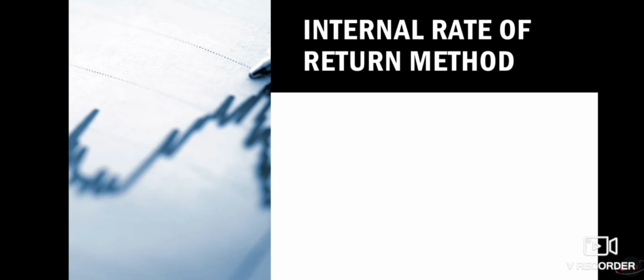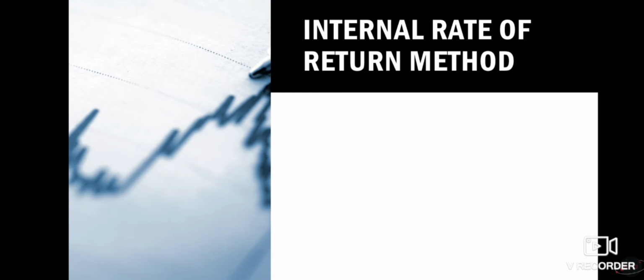Here they're never going to give you the percentage. They're never going to tell you this is the rate of return or this is the cost of capital. If you look at the previous questions on net present value, you'll clearly see that they give you the cost of capital, 10% or 12%. However, in the internal rate of return method, they do not provide you with the interest rate or the percentage.